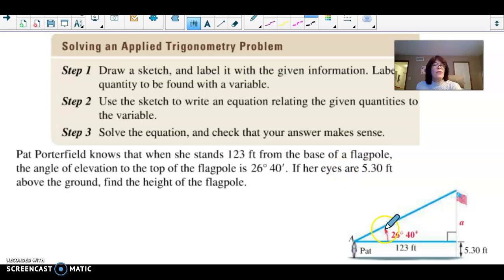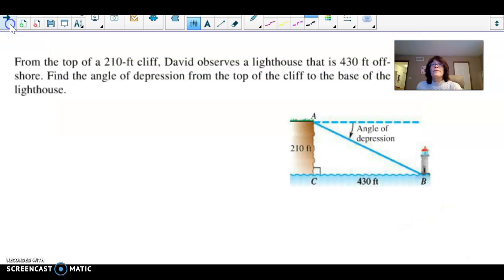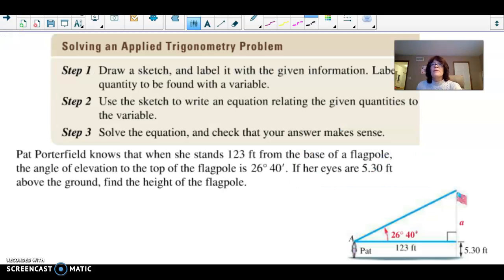I think I'm going to use tangent because I need the opposite side, the height of the flagpole, and opposite over adjacent would give me that. So the tangent of 26 degrees 40 minutes should equal opposite over adjacent.